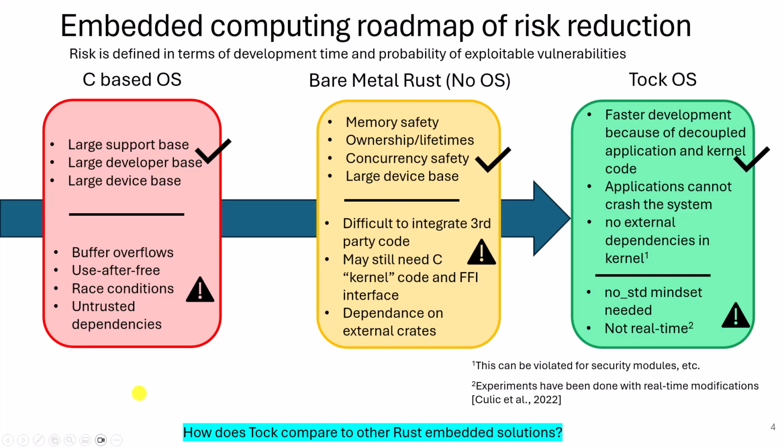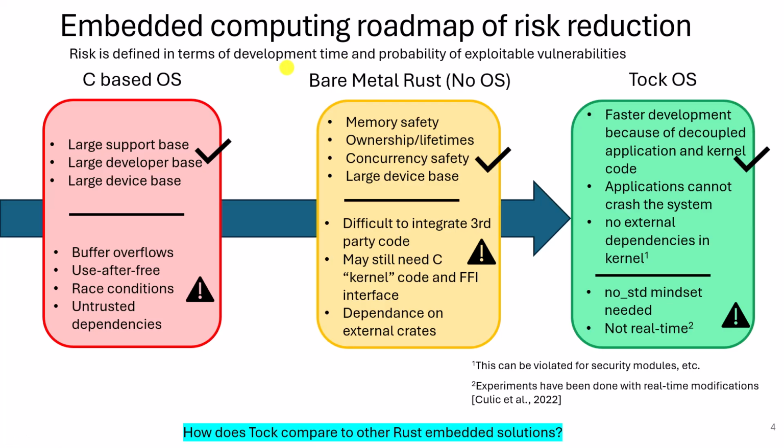Also, a lot of times those embedded systems are hard to update the code for because it may require the kernel and the application to be compiled together as one unit. So it can be difficult to get that release updated. It can also just be difficult to access the system to update the software on the embedded device. So that's another risk item of development time for the embedded system.